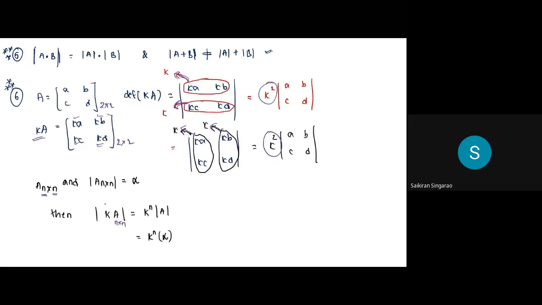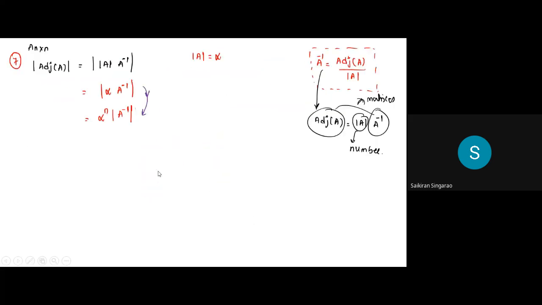And remember, this K is a number, this is a matrix. So whenever you have a matrix and a number in a determinant, when the number wants to come out of the determinant, you get it to the power of n. What is this n? Whatever the order is here. It's a 2 cross 2 matrix, so you got K square. It's an n cross n matrix, so you got K power n. On the same lines, here A is an n cross n matrix.